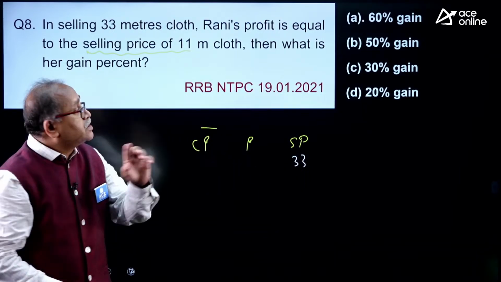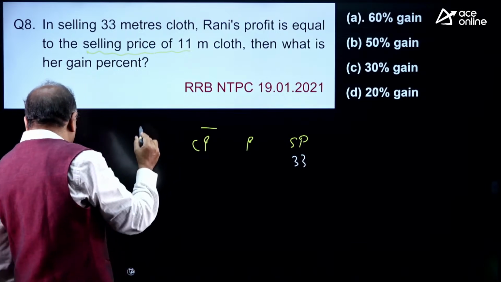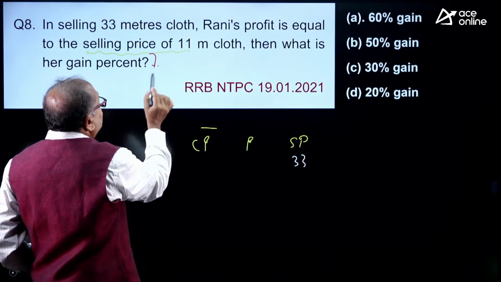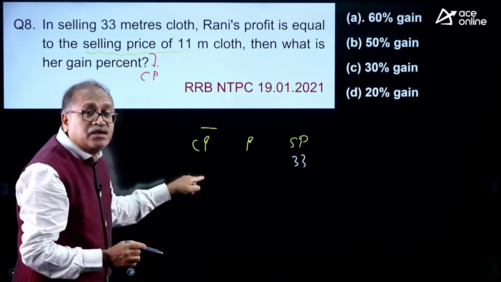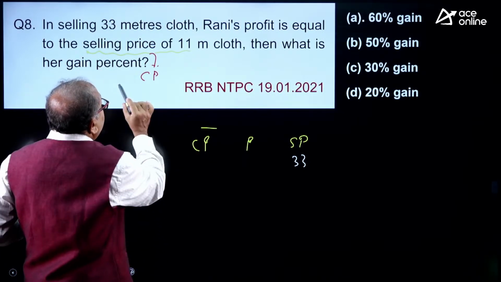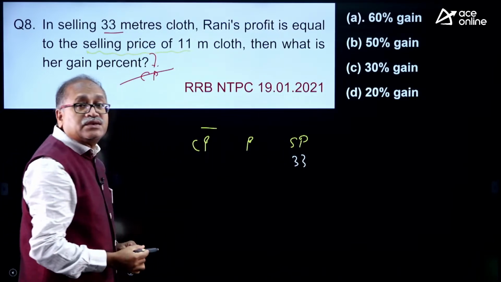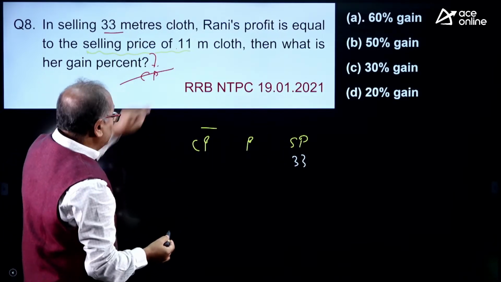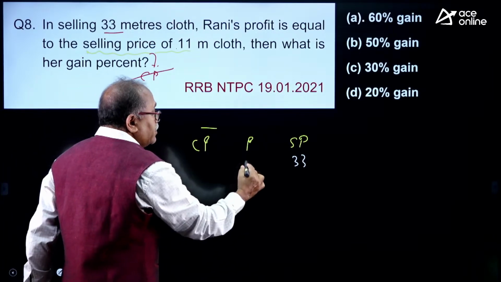If the profit is given on the cost price, then you will take the 33 as the cost price. Now, here as profit is given on the selling price, I will be taking this 33 as the selling price, and then the profit is 11.